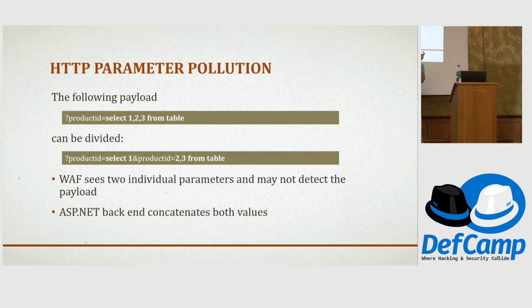The first one, select 1, is not malicious, and productID equals 2,3 from table is also not malicious. But had we sent the whole payload in just the first parameter, the WAF might detect it. This was actually a bypass for ModSecurity in 2009. As I explained, ASP.NET sees these 2 values and concatenates both with a comma, so what we get in the end is what we have above.